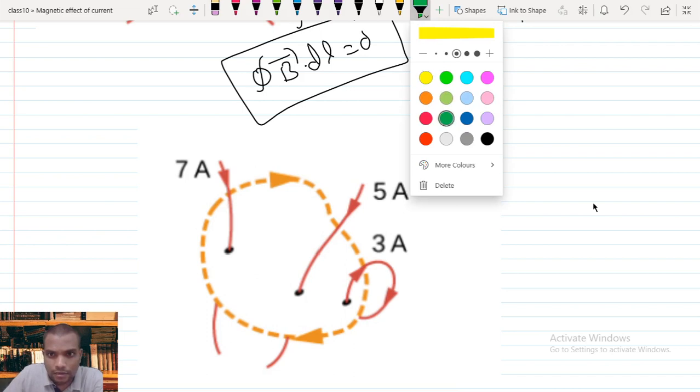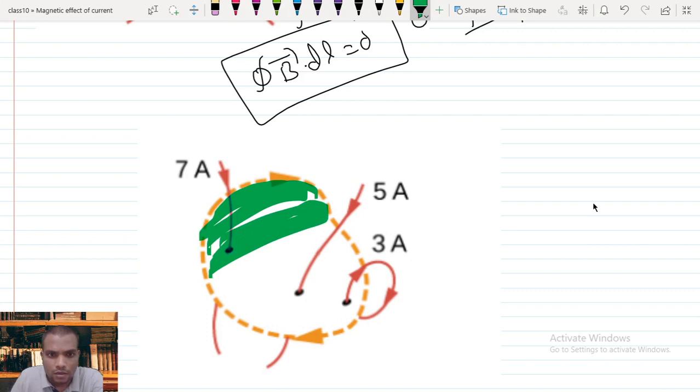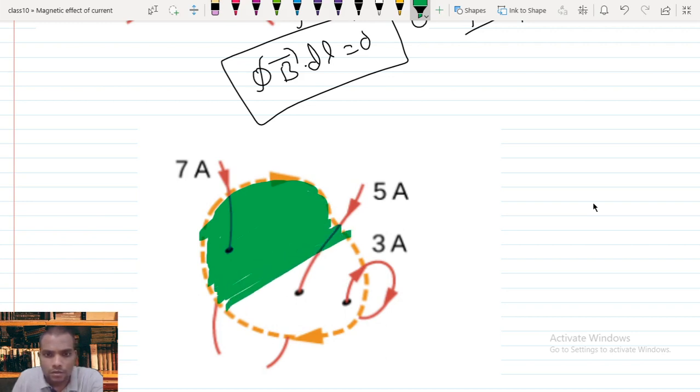If I highlight the boundary with this green color, how many currents are punching through this enclosed surface? Here I am seeing 3 holes in the Amperian loop. In these 3 holes, the current conducting wires are coming out from down to top.